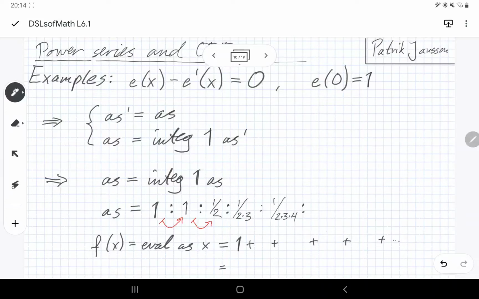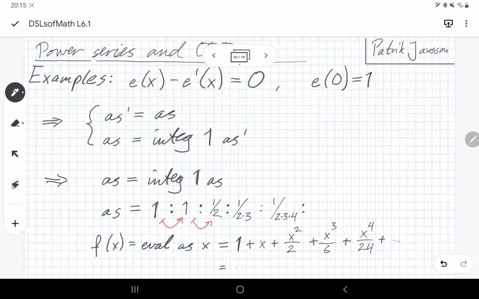And clearly, if we then evaluate this function, the first term is the 1. The second is 1 times x, that's just x. The third is a half times x squared, so that's x squared over 2. And then it's x to the power of 3 over 6, x to the power of 4 over 24, and so on.